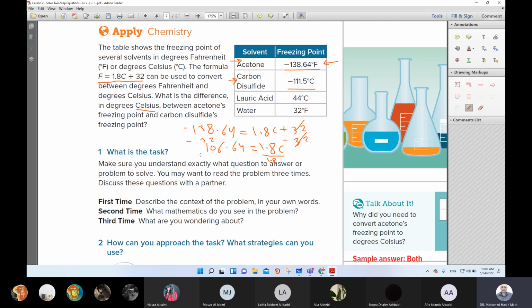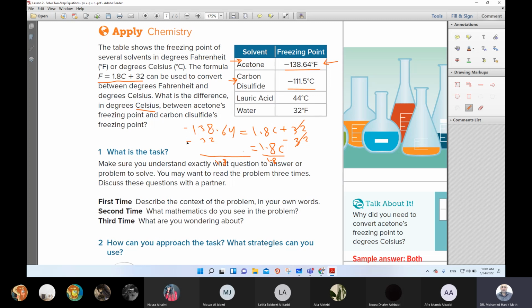Here, as you see, we have the sign negative and here negative.